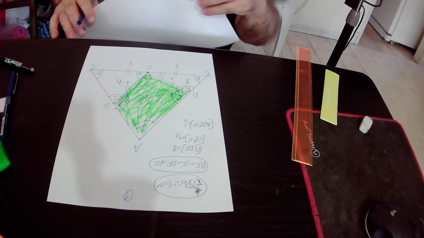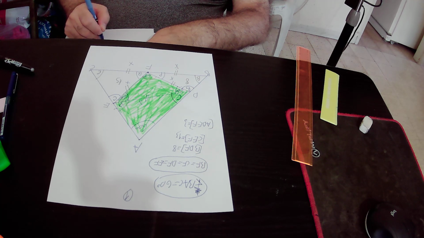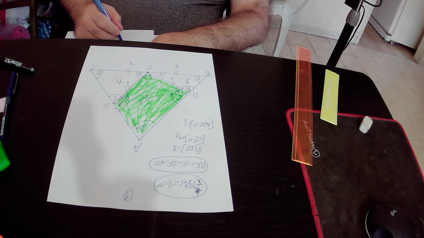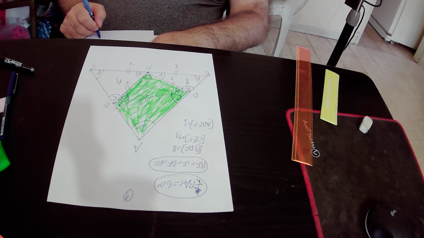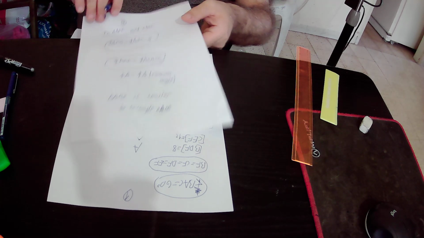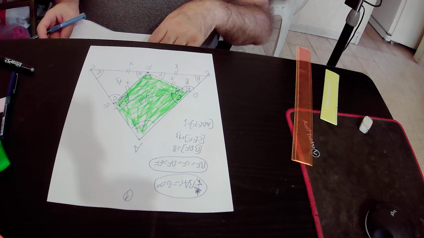Therefore, triangle ABC is similar to triangle ADE, according to the angle similarity rule.